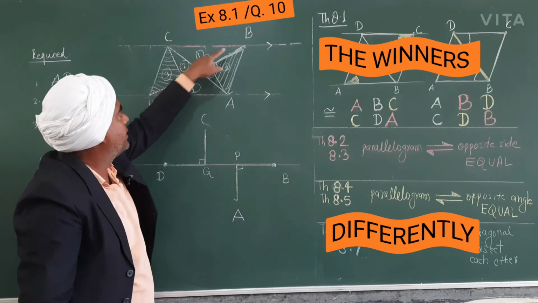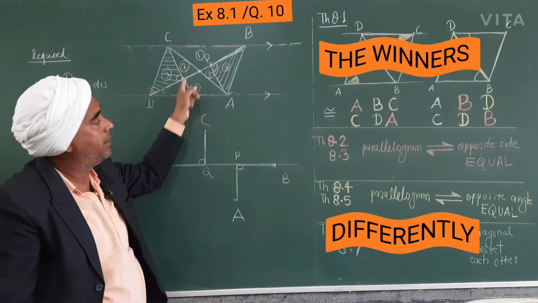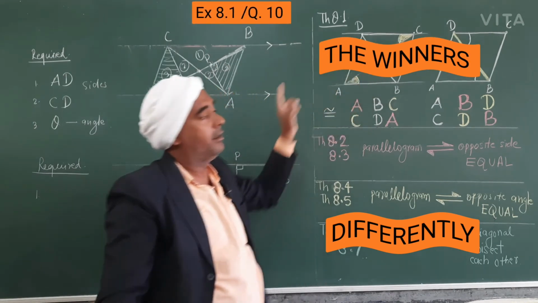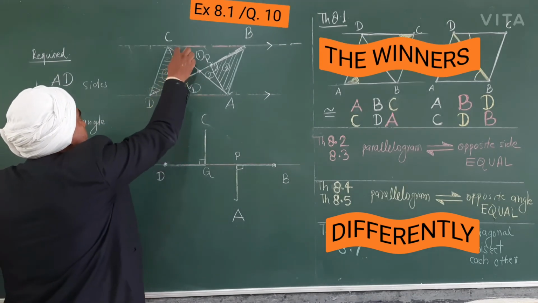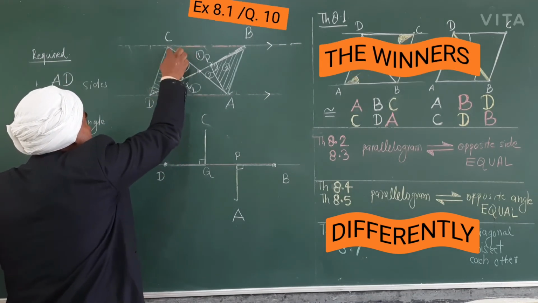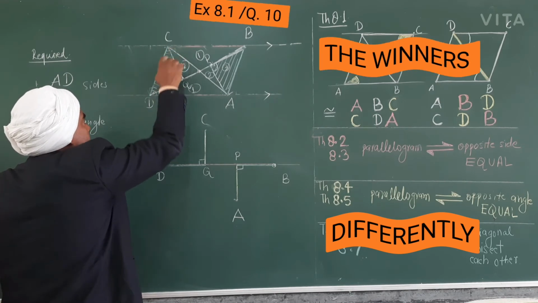Alternate interior angles will be equal. That was the theorem: alternate, this equal to this. Alternate interior angles, which I have made here. And we have a theorem: adjacent interior angles, this and this, are 180 degree.